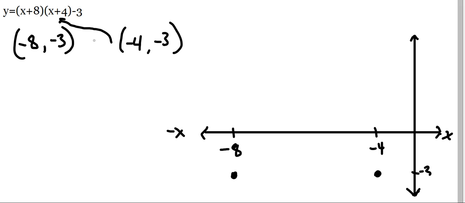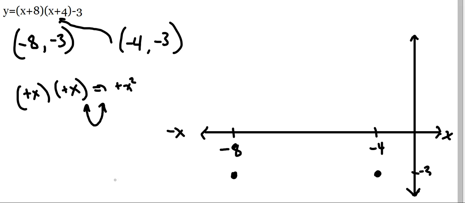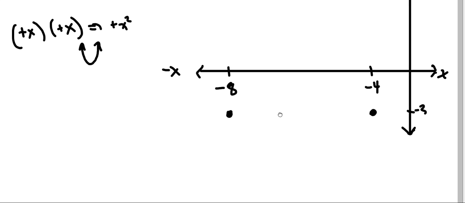Okay. And we have a positive x times a positive x, which is going to lead us to a positive x squared. Therefore, the graph should be an upward-facing U-shaped graph of x squared. What I don't see is where it's going to fit down here. Let me just move up a little bit.